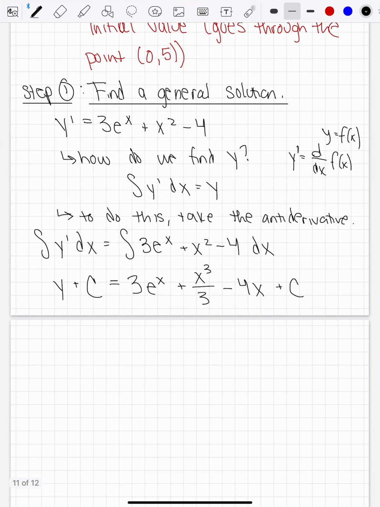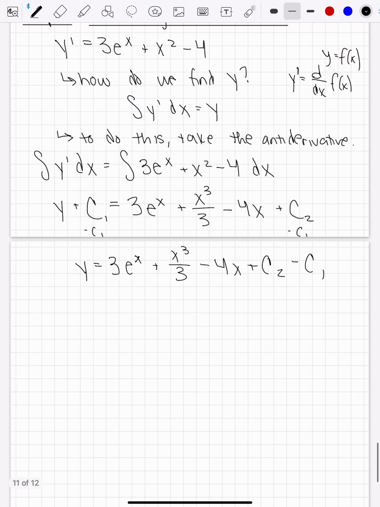We can call this C1 and C2 if we want to be really technical. Basically, you just need to know that you need to add a constant to one of the sides. But technically, both of these integrals give you a general constant, and when we subtract this one over from this one, that's just some other constant. So when we do that, we get y is 3e to the x plus x cubed over 3 minus 4x plus c2, and then we subtract c1 from both sides.